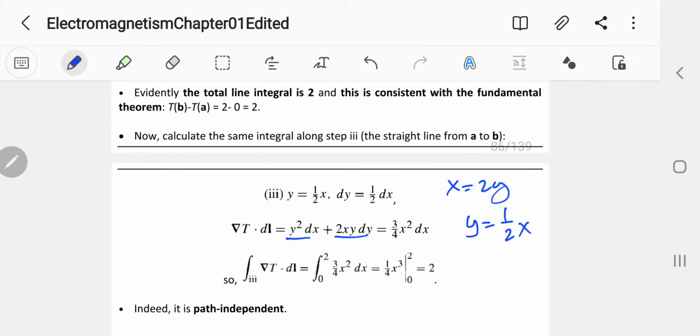And then by substituting this one, if you want to just integrate with respect to x, then you can substitute y squared.